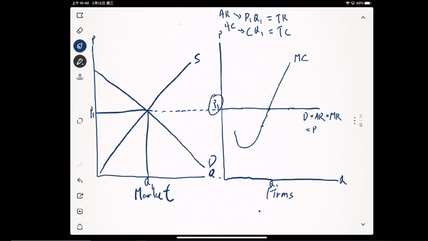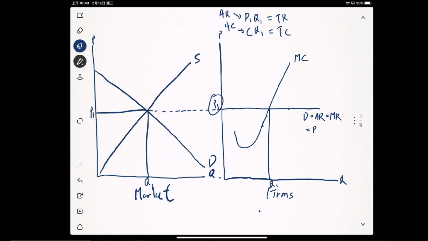When you're profit maximizing in your firm, once again you have your demand curve and your marginal cost, and that's why you are able to find your profit maximization output, once again Q1.